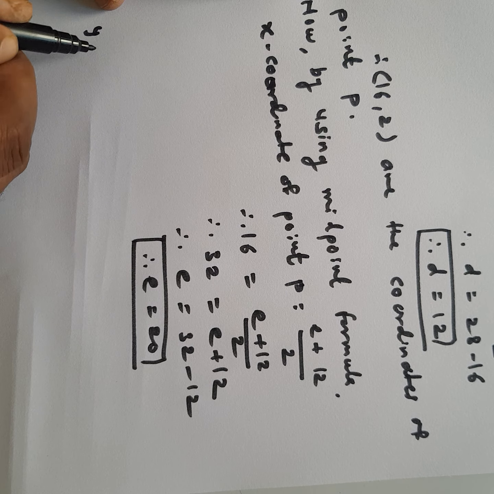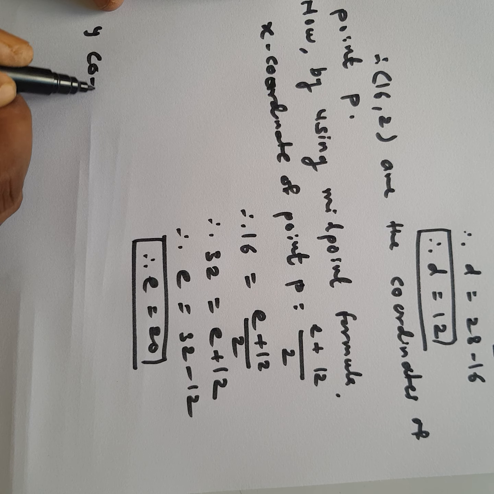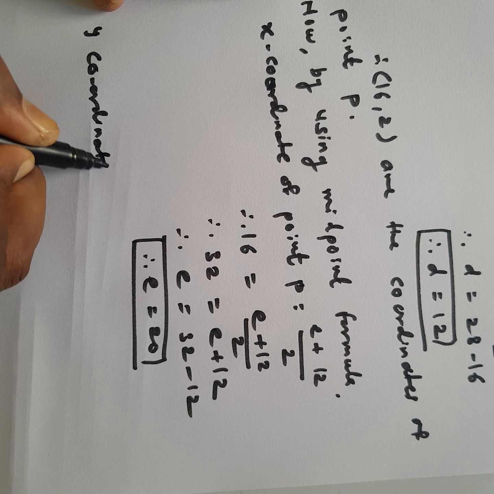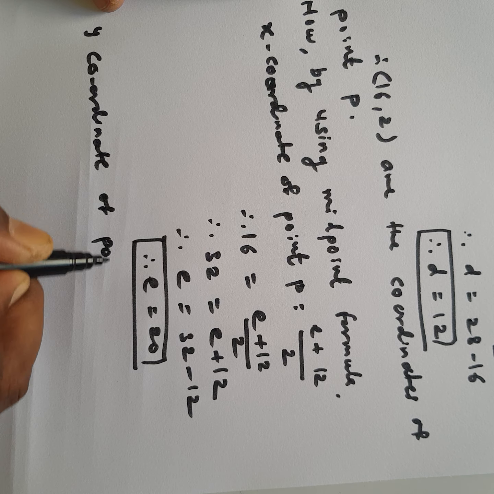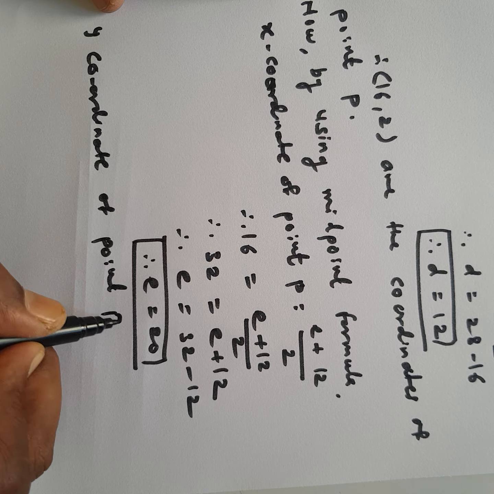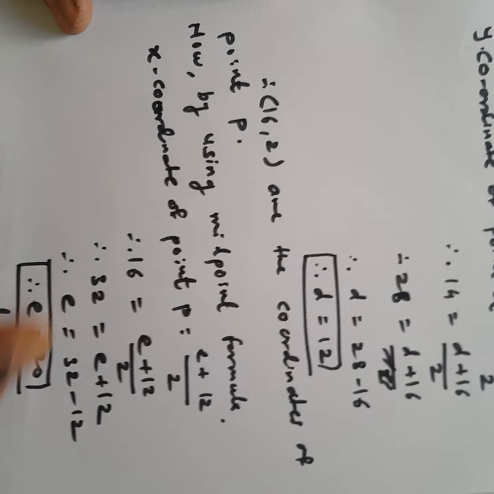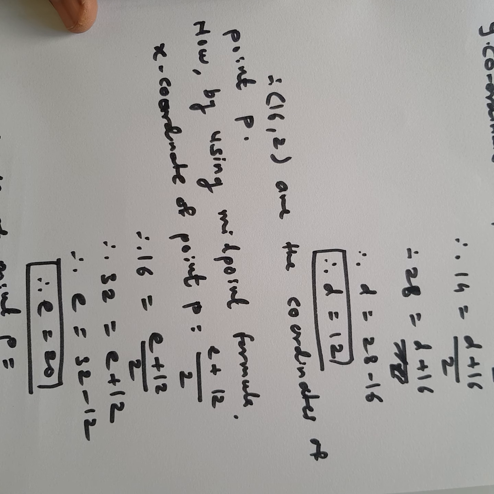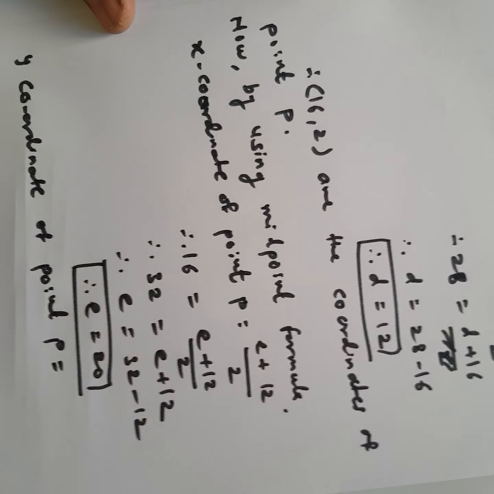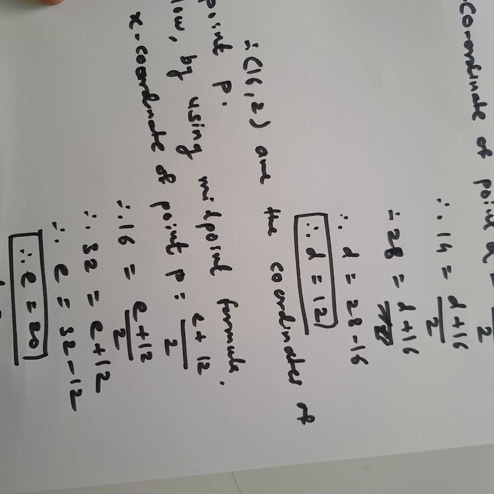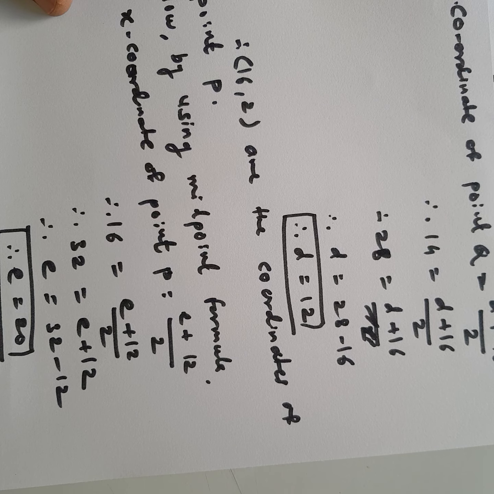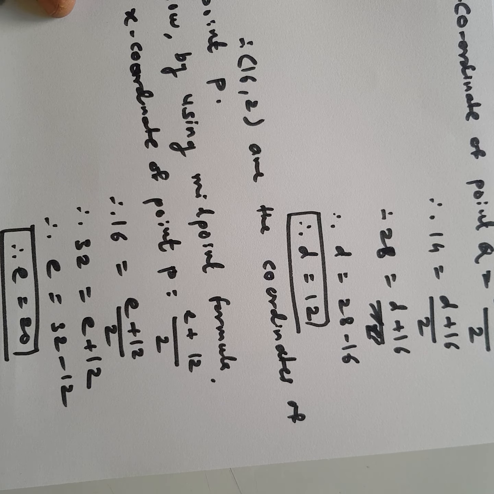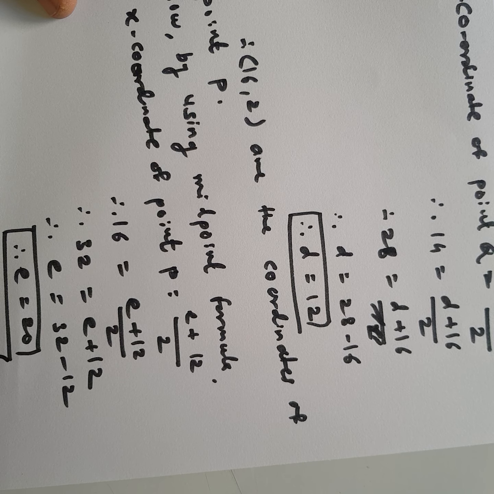Now the y coordinate of point P is D and the value of D is 12, which is equal to the y coordinate of point A, that is F, plus the y coordinate of point Q, that is 14, upon 2.